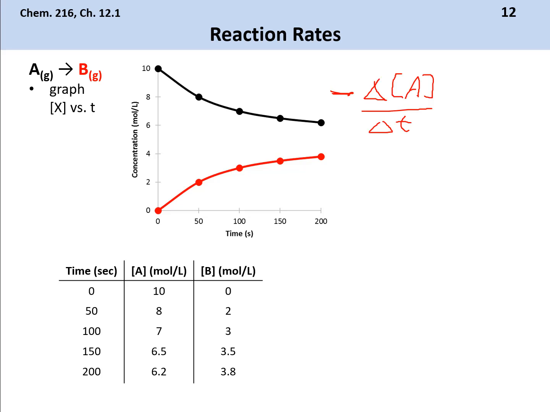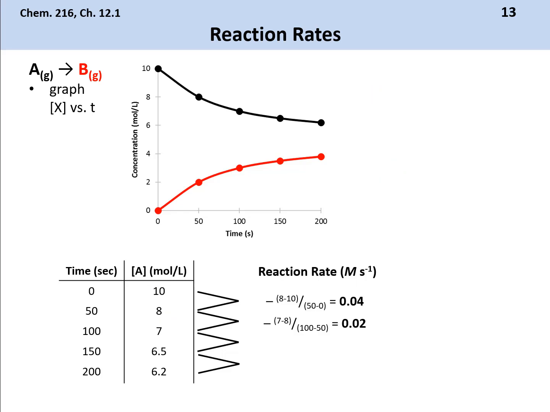If I'm just looking at these first two periods, I'm going to go 8 minus 10 over 50 minus 0. And this is going to get me 0.04.